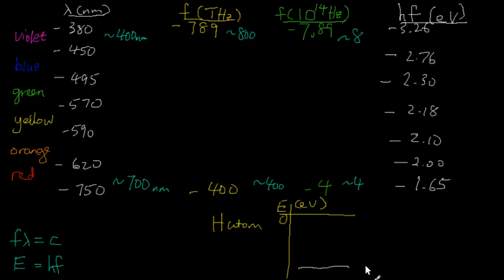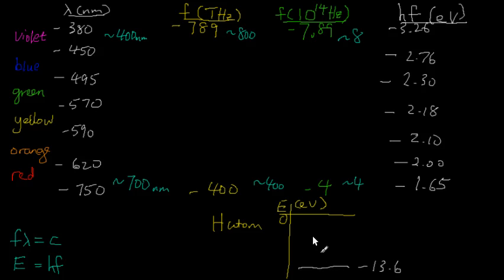Now at the lowest level, at the ground state, or the innermost orbit of the hydrogen atom, the energy is minus 13.6 eV. That's the lowest innermost orbit, the lowest energy level.